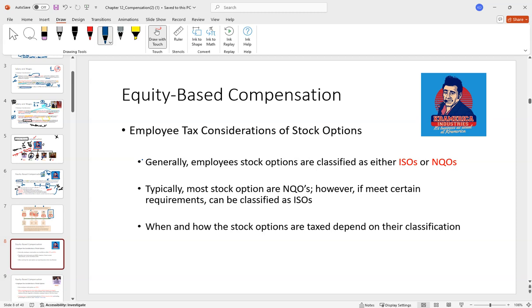with basic stock options. We said that there are two flavors. Most of the time they're going to be non-qualified options, but the exception will be that they're ISOs. ISOs have special rules, like a special holding period that we'll see.